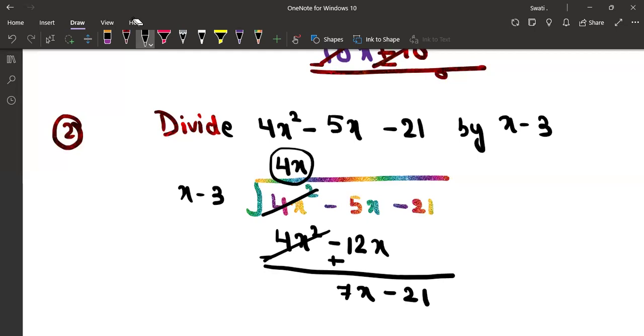Now, the same step will be repeated. Tell me, what will you do? You will multiply this x. You don't have to worry about minus 3. Whatever you multiply with x, the same has to be multiplied with minus 3. So you have to just worry about x.